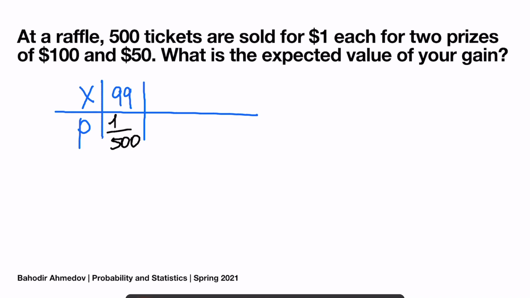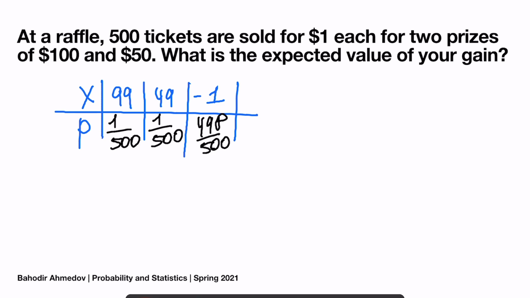If you win the $50 ticket, then your profit is going to be $49, right? Its probability is also 1 over 500. If you don't win anything, what is going to be your profit? Minus $1, right? And the probability of this is 498 divided by 500.